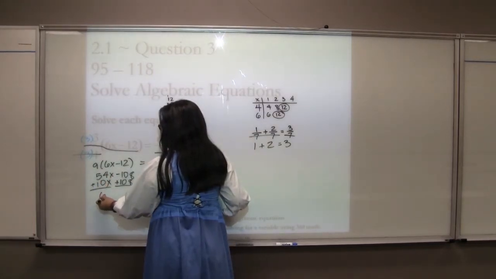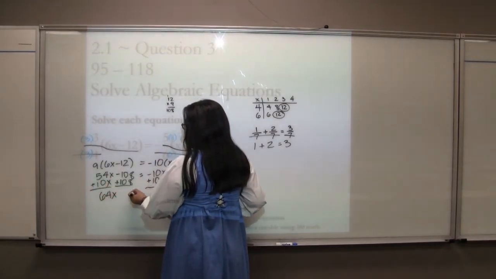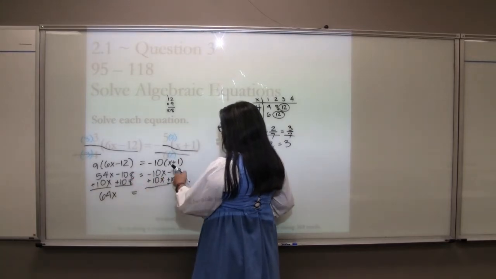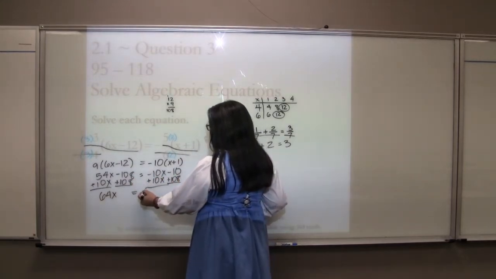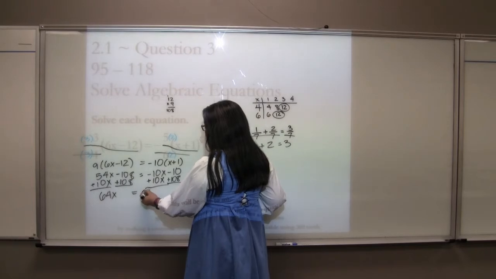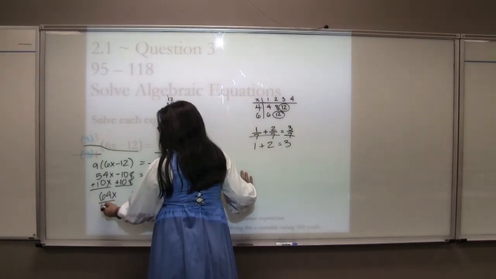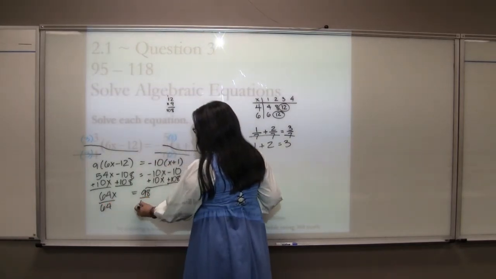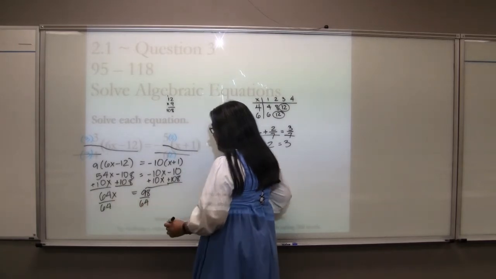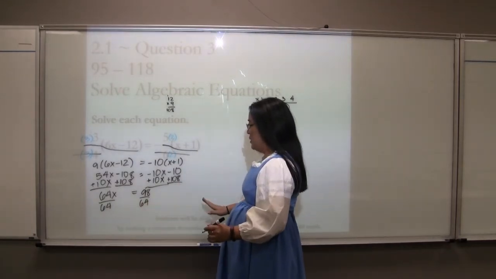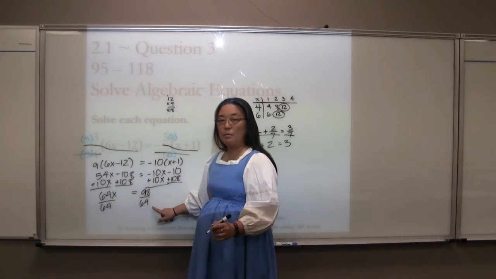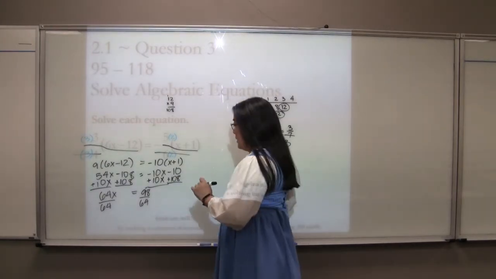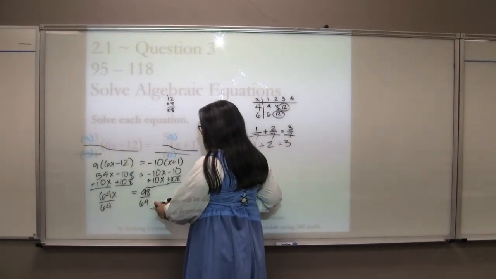54 plus 10 gives me 64x. Those canceled, and here 108 minus 10 gives you 98, dividing both sides by 64. Now, we'd like to see whether or not this reduces. I see that they're both even, so I think that they can both divide by 2.